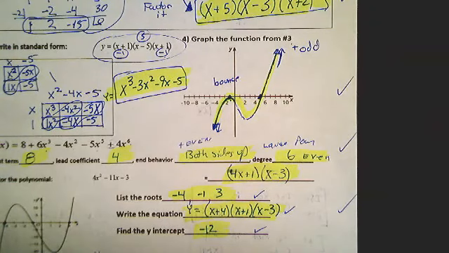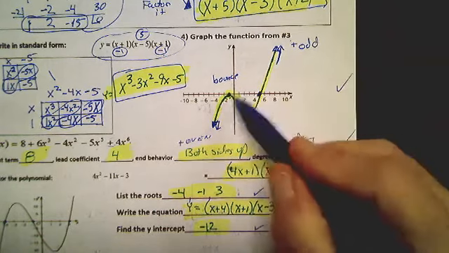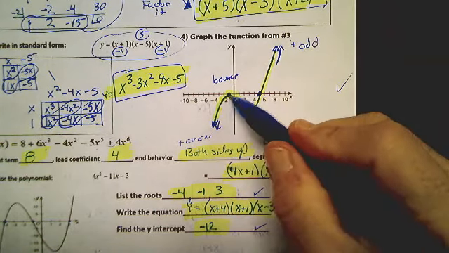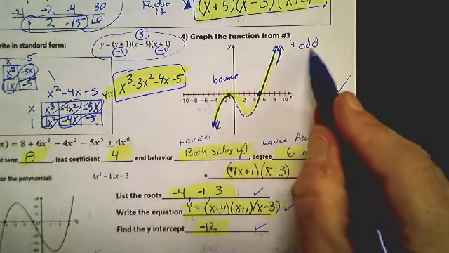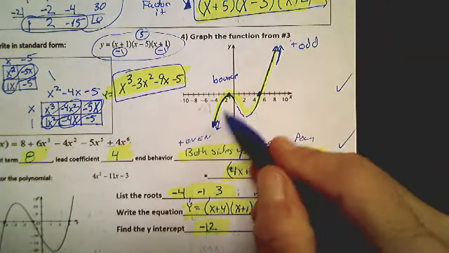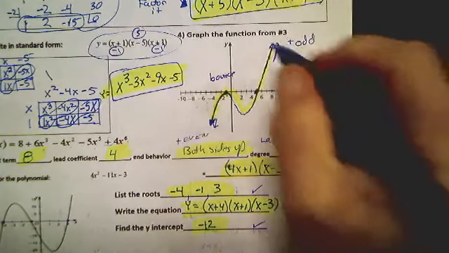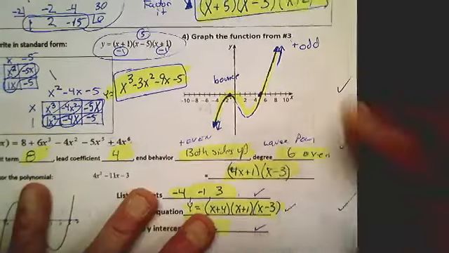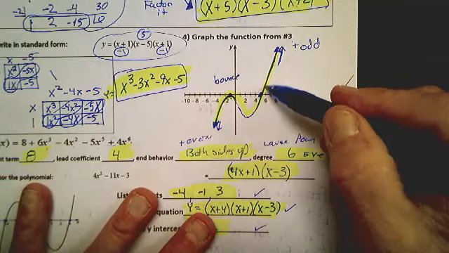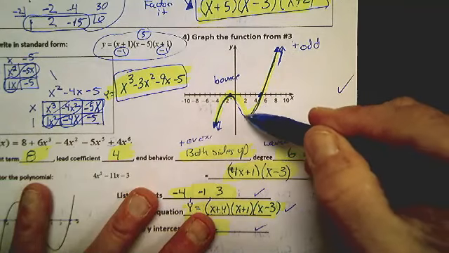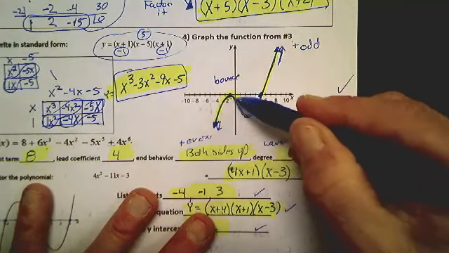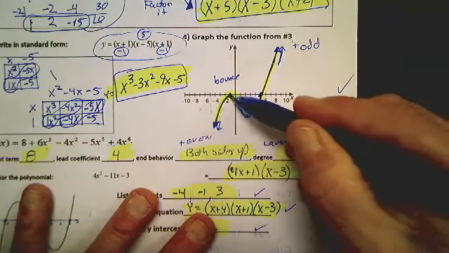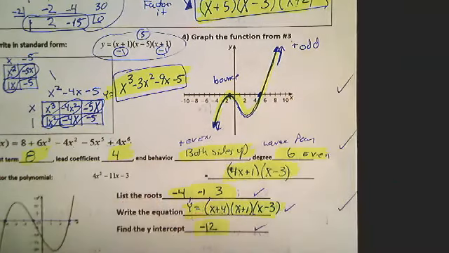Well, this is a double root. A double root is a bounce. And since my function is positive odd, I have an odd function here. It's going to be the right arm up and the left arm down. So when I sketch my graph, I'm going to come down and go through this point. It's turning back around, and it's going to bounce off of this because there are 2 of them here.